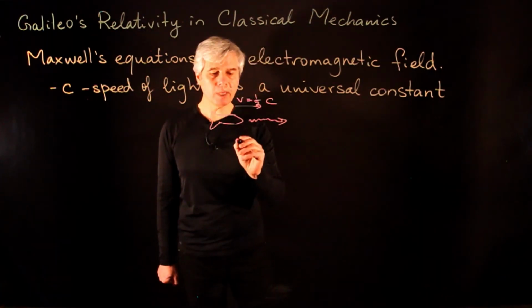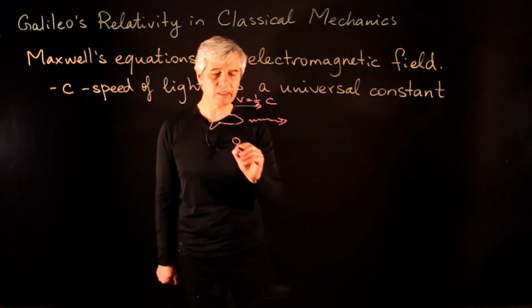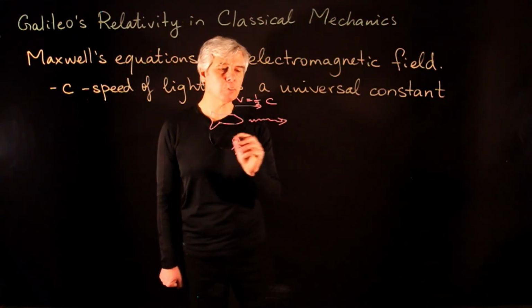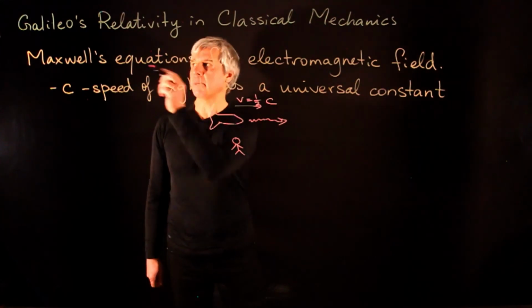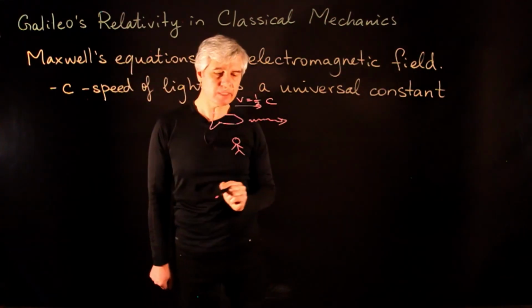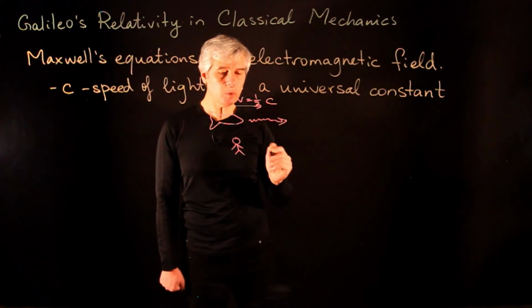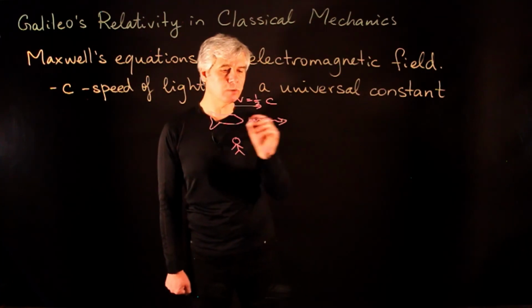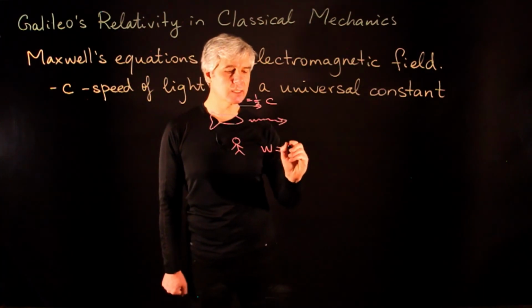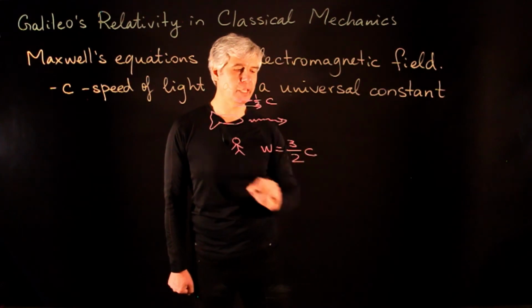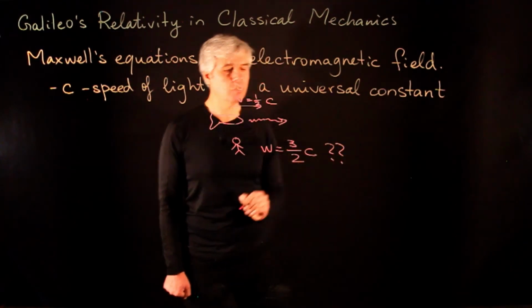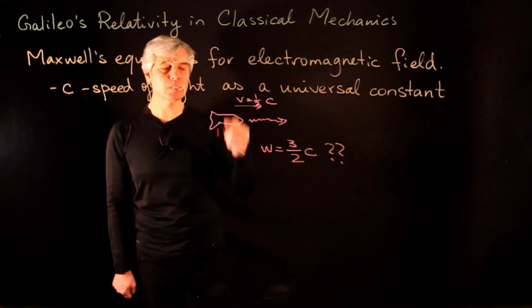Then what would be the speed of light for a stationary outside observer? By applying Galileo's relativity principles, we might conclude that the speed of this beam of light is 3/2 of the speed of light. But this would contradict the Maxwell's equations.